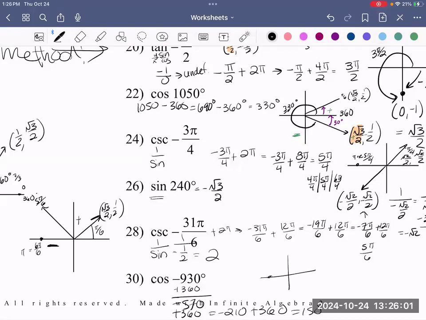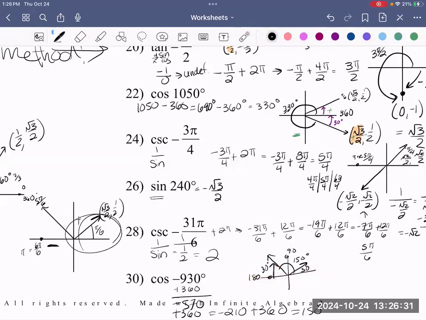So on here, if this is 180 degrees here and this is 90, we are at 150 degrees here. And so again, your reference angle is always from your x axis to this amount. So we're going to take 180 minus 150, which will be 30. So we have a 30.